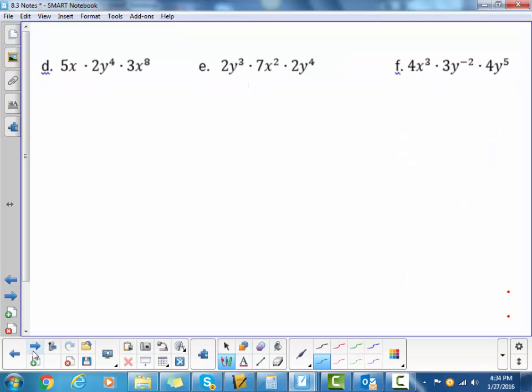All right, in this example, you'll see that we have variables and coefficients. We are going to multiply the constants, or the coefficients. In our first example, I have 5x multiplied by 2y to the 4th multiplied by 3x to the 8th.